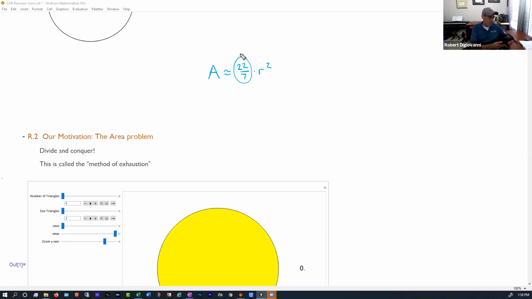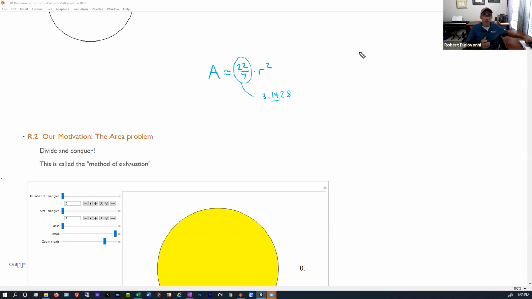22 divided by 7 on my calculator is 3.1428. So it's the same as pi out to the nearest hundredths position. After that, it's off. But I mean, think about it, to the nearest hundredth.